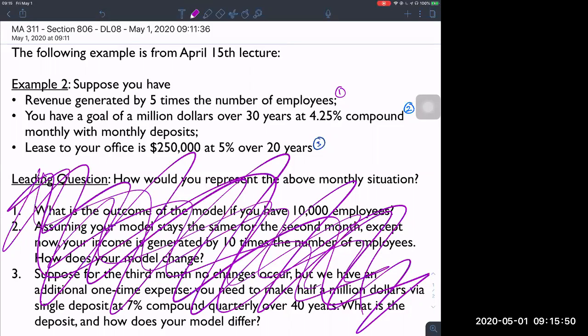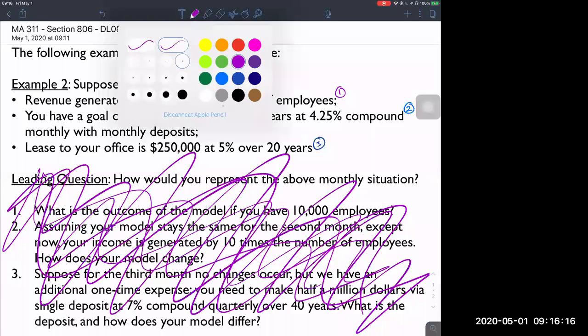For the second bullet, is it the future value you're trying to find? Are you trying to find the recurring payment? Okay, and how do we know that? Thank you for answering. Because it's saying monthly deposit and you have a goal. Good. So then that means you should not write everything down. You should just go, what is that, light blue?